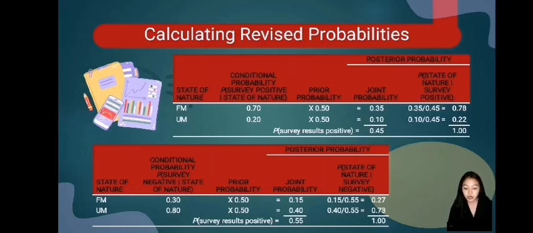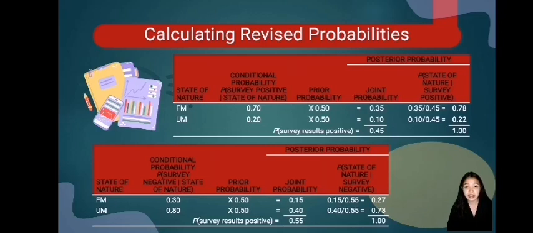Lastly, to get the probability of the state of nature given a positive survey, we divide the joint probability by the probability of a positive survey result, which is 0.35 divided by 0.45, resulting in 0.78 for the favorable market. The same is true for the unfavorable market, where 0.10 divided by 0.45 results in 0.22.